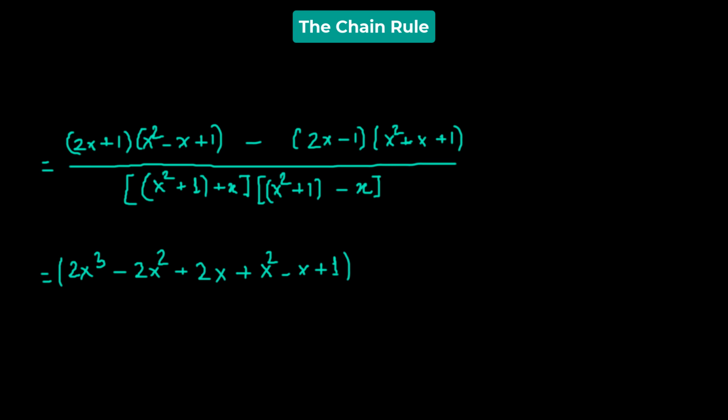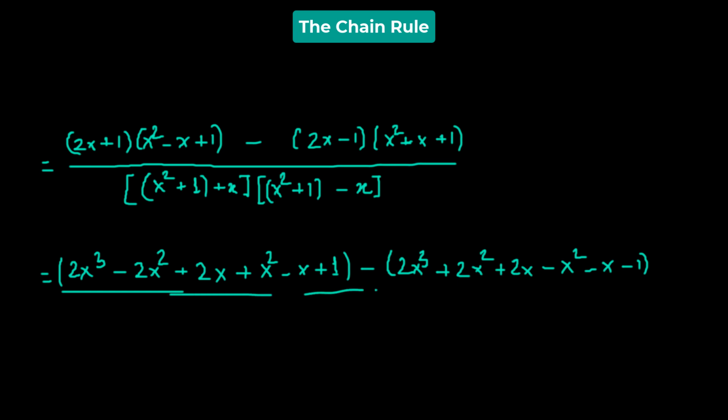Then we have minus 2x times x squared, which is 2x cubed, plus 2x squared, plus 2x, minus x squared, minus x, minus 1, whole divided by, so we have (a plus b) times (a minus b), so this can be rewritten as (x squared plus 1) whole squared minus x squared.